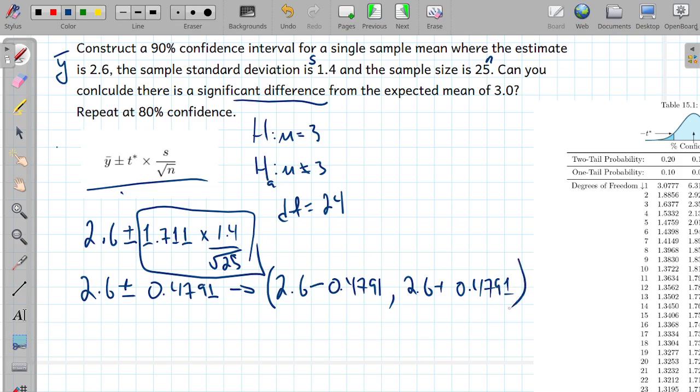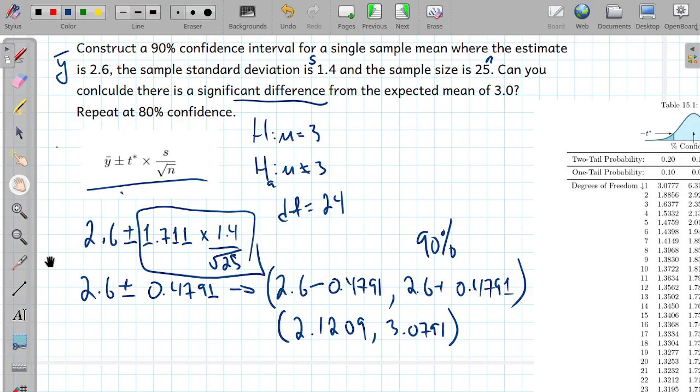This will give us our interval, and this will be at 90%. Now, what does that reduce to? That reduces to 2.1209, and that's the lower bound, of course, and then 3.0791 is the upper bound. So this is the 90% confidence interval.